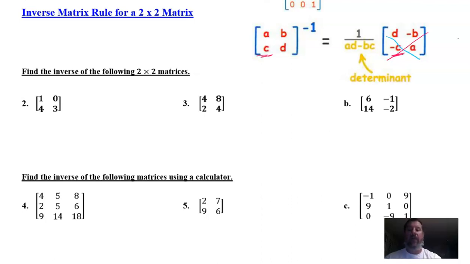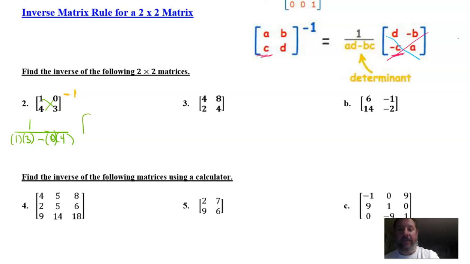Let me show you how it works. For number 2, if I want to find the inverse of this matrix, I first do 1 over the determinant. So 1 over 1 times 3 minus 0 times 4. That's going to give me the determinant.